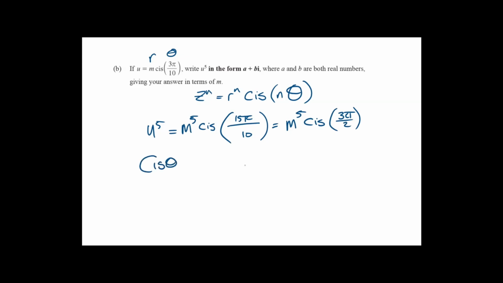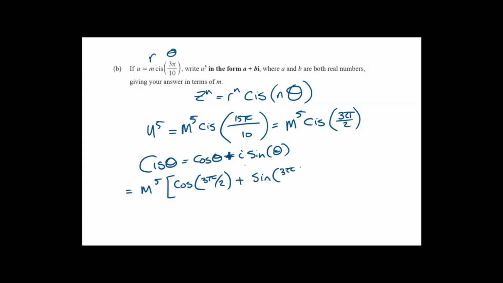So cis theta is, of course, cos theta plus i sine theta. So it's going to be m to the power of 5, cosine of 3 pi over 2 plus i sine of 3 pi over 2, in brackets.